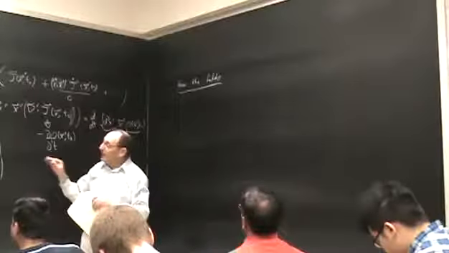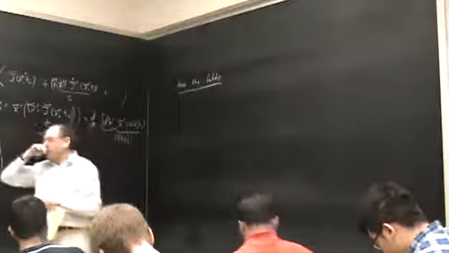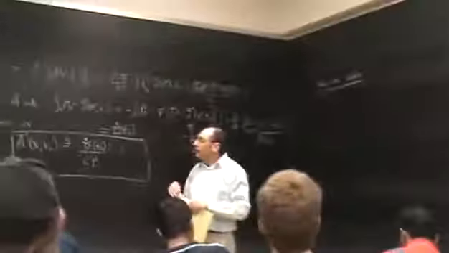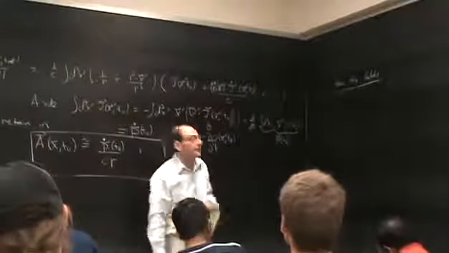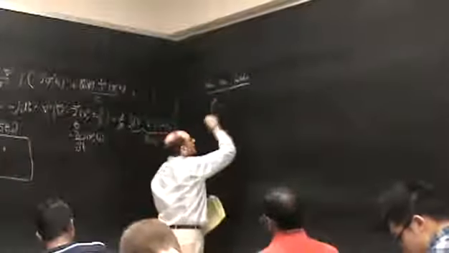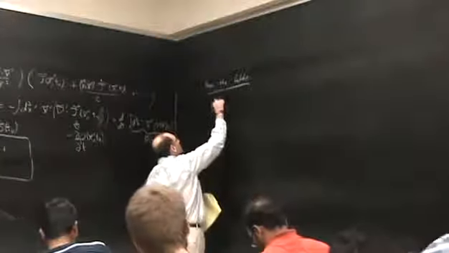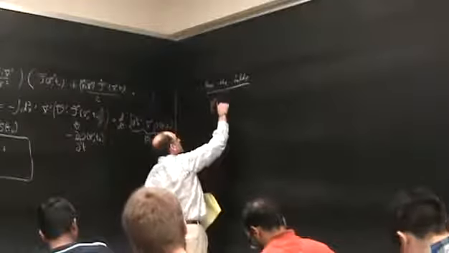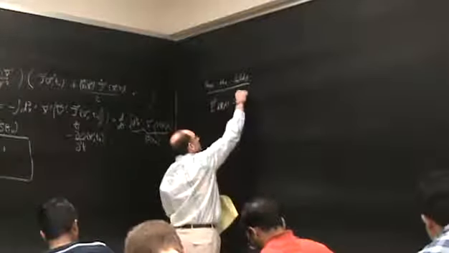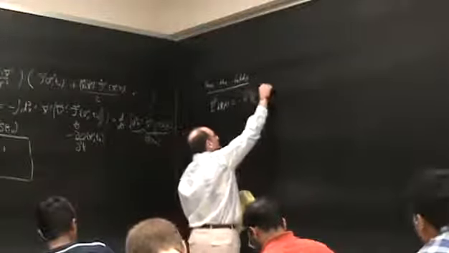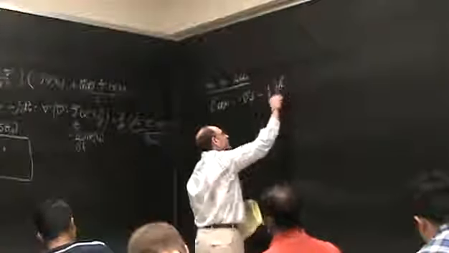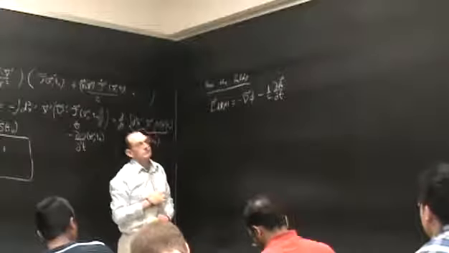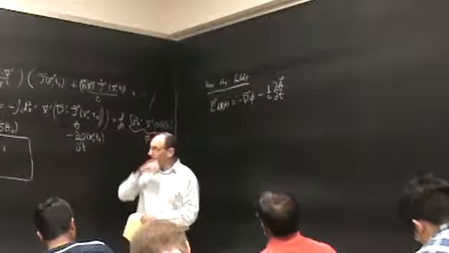Remember, we have to pay close attention because the electric field depends both on the vector potential as well as the scalar potential. So my electric field is equal to minus the gradient of the scalar potential minus 1 over c dA/dt. So we got to plug that in.